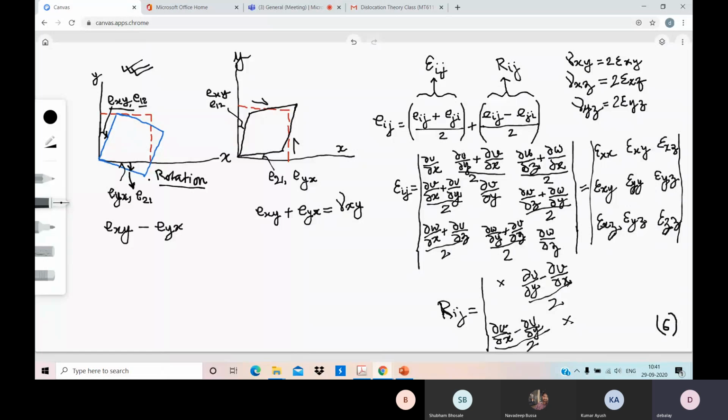So displacement can come from three different aspects. What is one? One is translation. If you take a body from one position and put it in some other position, you take a chalk from one location and put it in some other location, that is called translation.